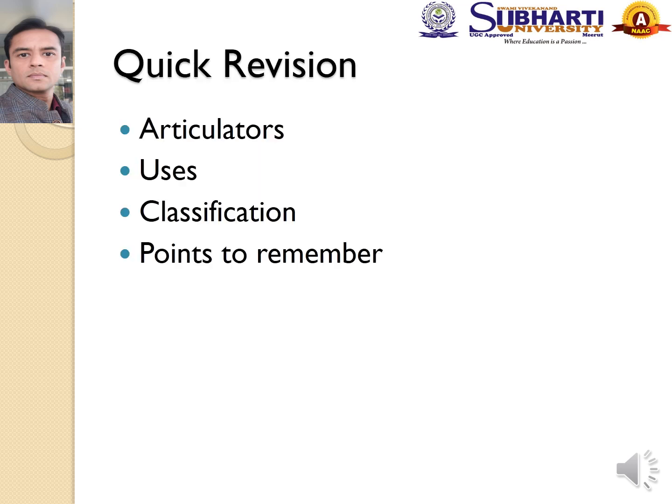So, time for a quick revision. What are articulators? Articulators are mechanical devices made up of metal or plastic, attached with screws and having various parts. It is a mechanical device used to attach maxillary and mandibular casts, which simulates the temporomandibular joint of the patient.